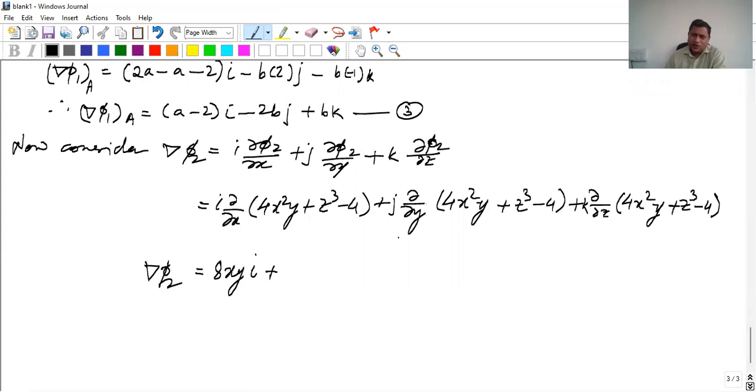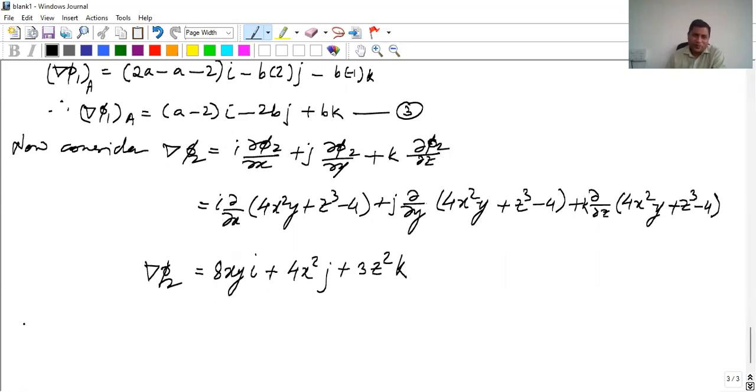Plus 4x square j, because the derivative of y is 1. And plus 3z square k. Are you getting this derivative?